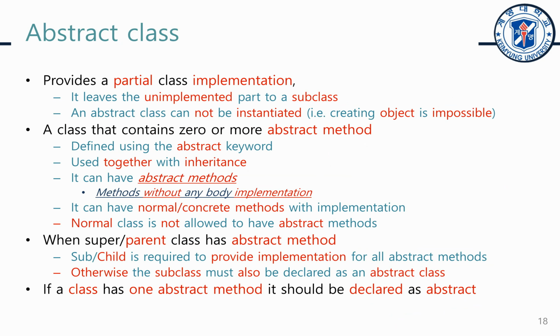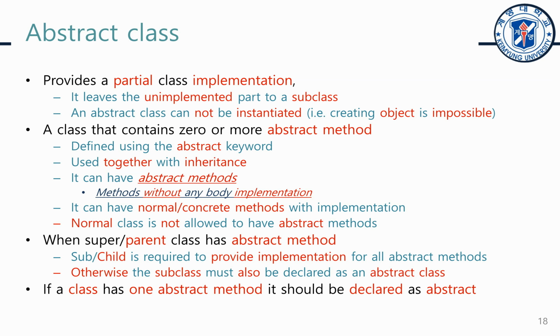The first thing that we'll see is abstract classes. What are abstract classes? Abstract classes are partial implementations of a class. So they are just small parts of a big class, or small implementation of a bigger class.